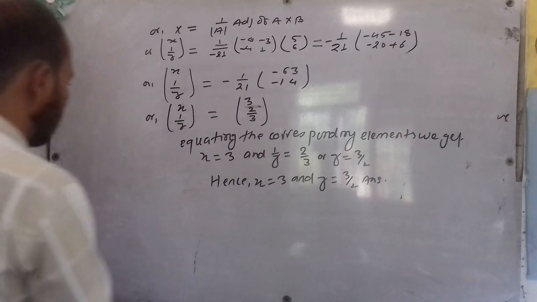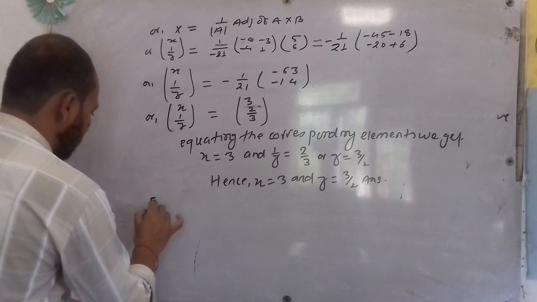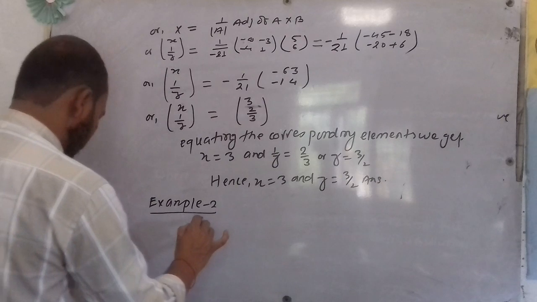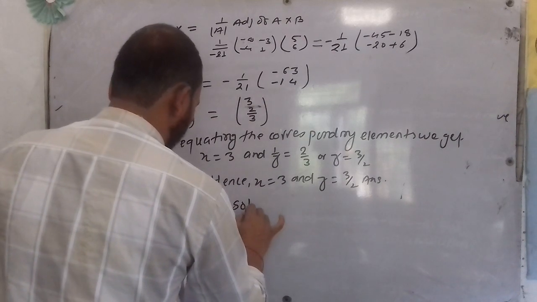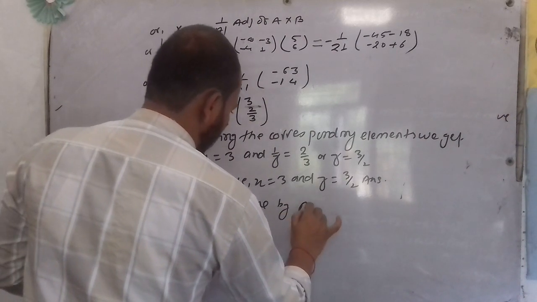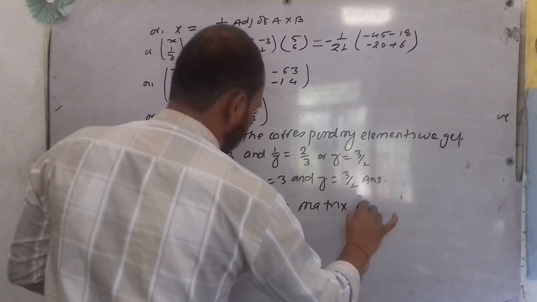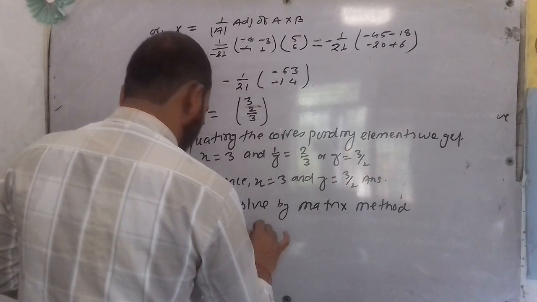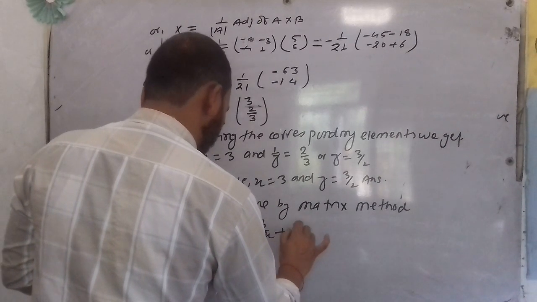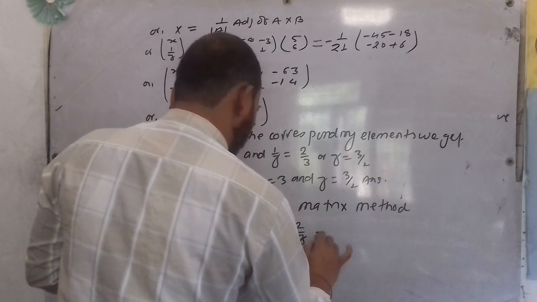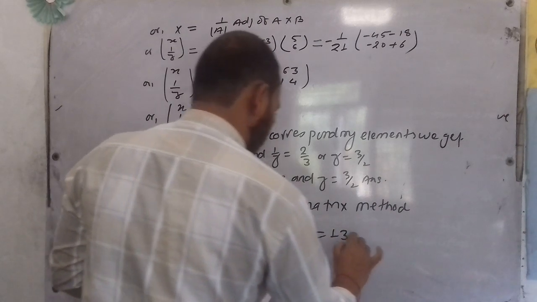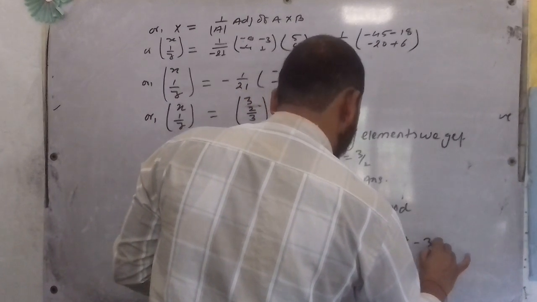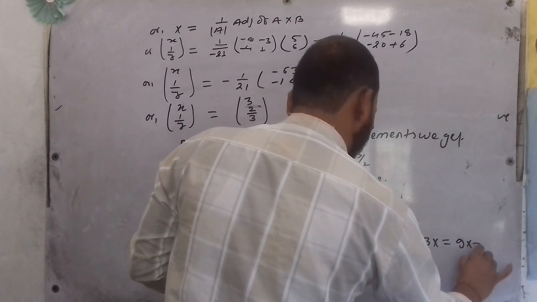Now we have second example number 2 for today. Solve by matrix method: 3/x + 2/y = 13, and 5y - 3x = 9xy.